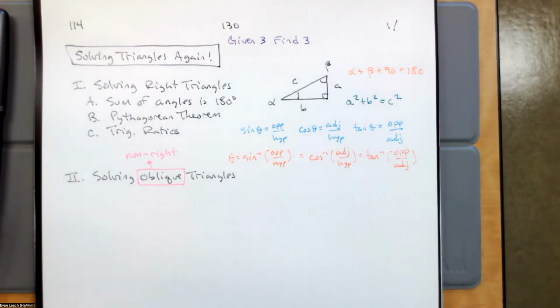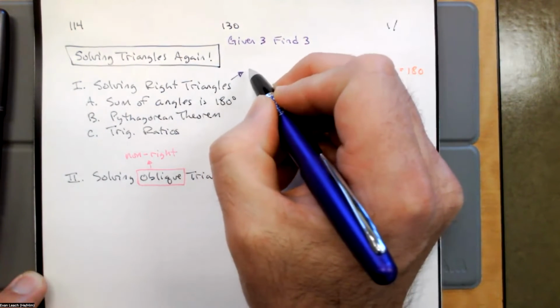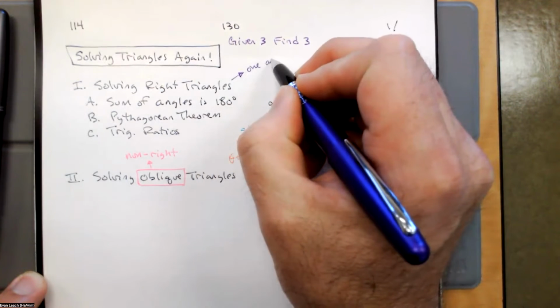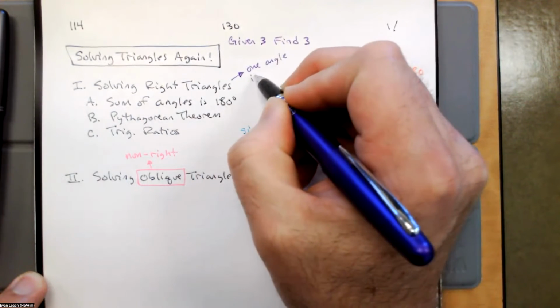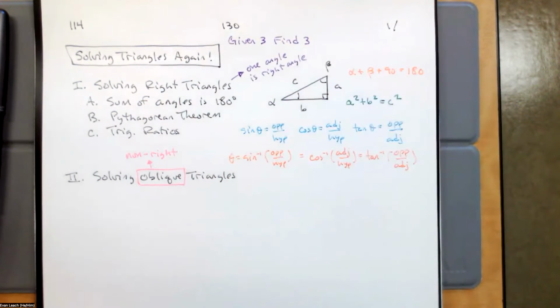Solving right triangles means one of the pieces of given information is that one of the angles is a right angle. Now we're just taking that part out. This means we're going to have to develop a new set of tools for solving our triangles.